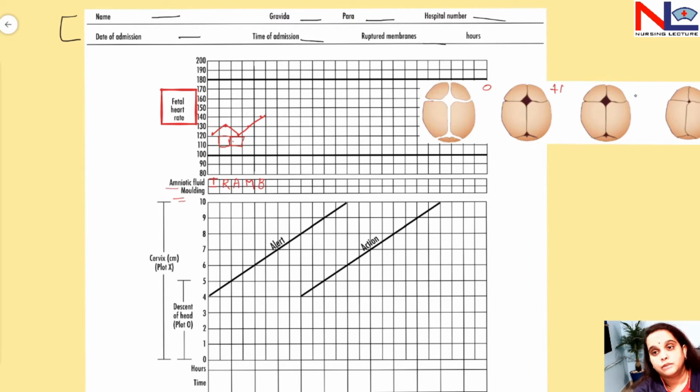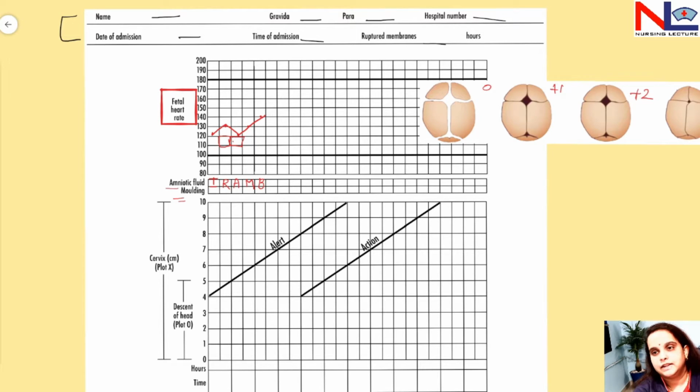When the molding becomes +2, the bones become more compressed, the sutures completely disappear and the bones overlap each other. But in +2, when you do per vaginal examination and try to separate these bones, they can be separated. So that is called +2 molding.